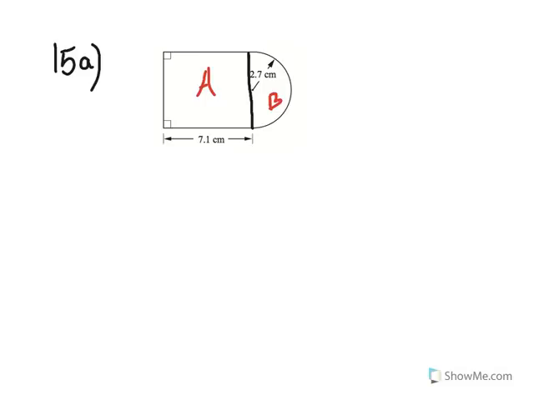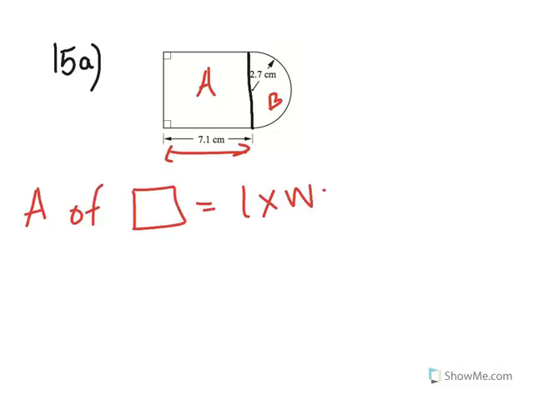So, first of all, let's deal with A. We have the length of A, and we all know that the area of a rectangle is equal to length times width, which is equal to 7.1 multiplied by the width. But what is the width? Now if you look at this semicircle over here, the radius is 2.7. And since it's a semicircle, this can also be the radius, and this can also be the radius.